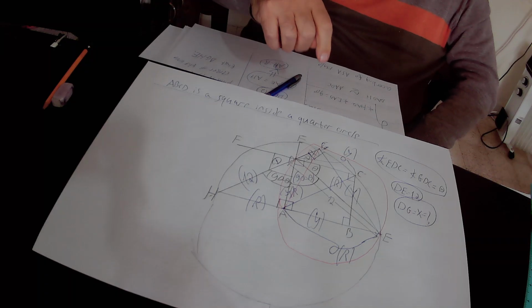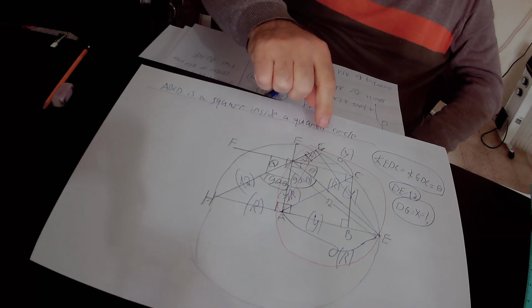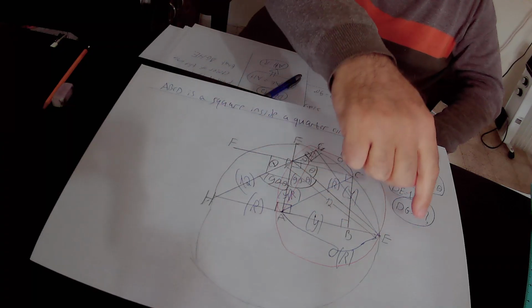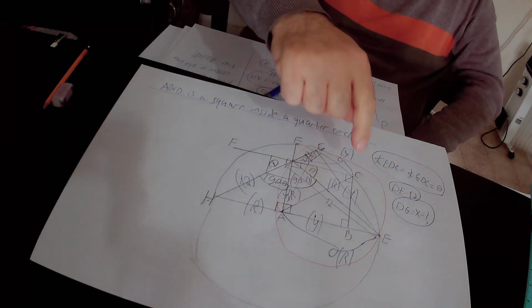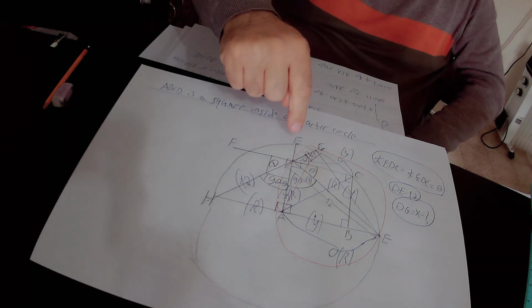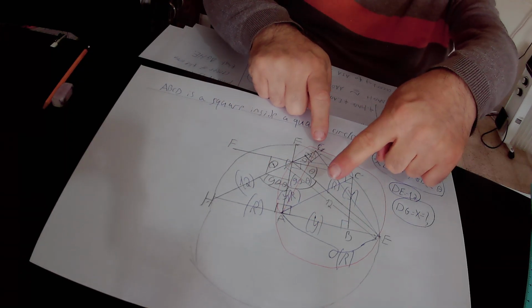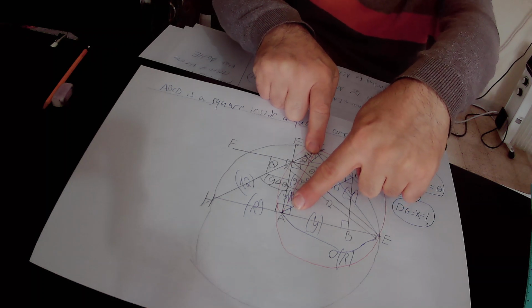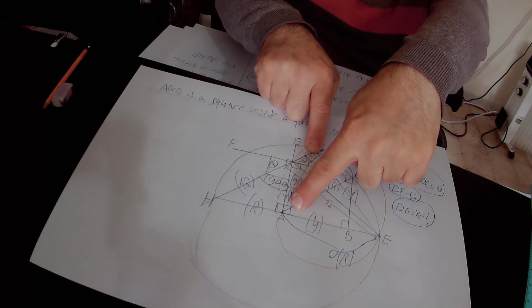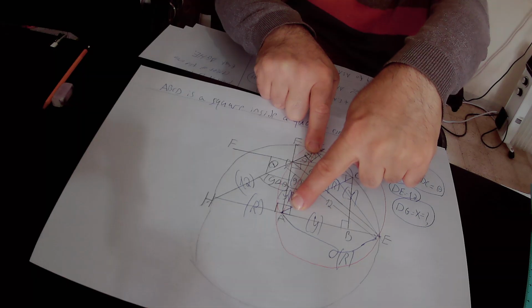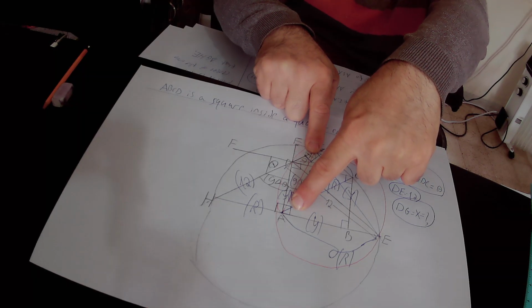Okay, so here we have quadrilateral GDAE. In this quadrilateral GDAE, those two opposite angles are both right angles, and the sum of two right angles is of course 180 degrees.